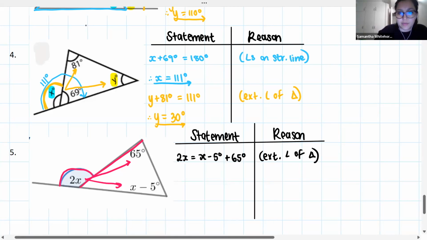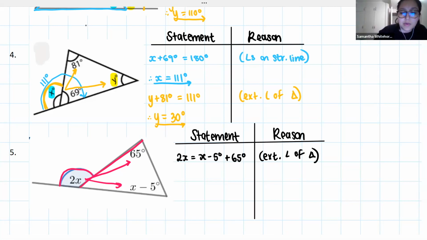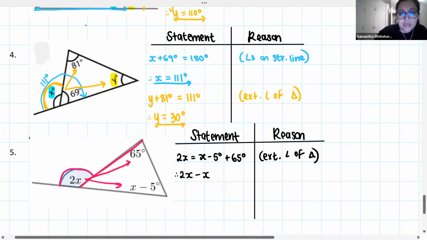Now I go and solve my equation. Remember, inverse operations, I'm going to bring this x over, so it's going to become 2x minus x is equal to, now minus 5 degrees plus 65 degrees is then 60 degrees. 2x minus x is then just x, and so x is equal to 60 degrees here.